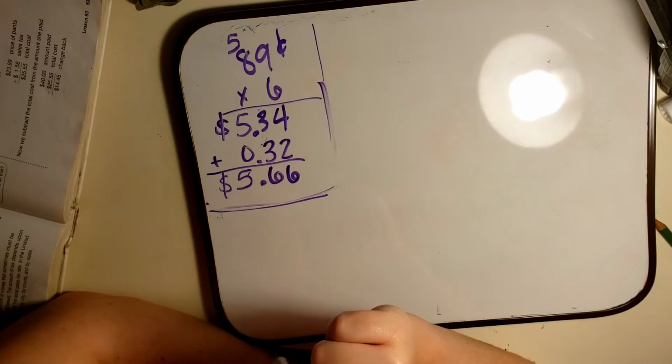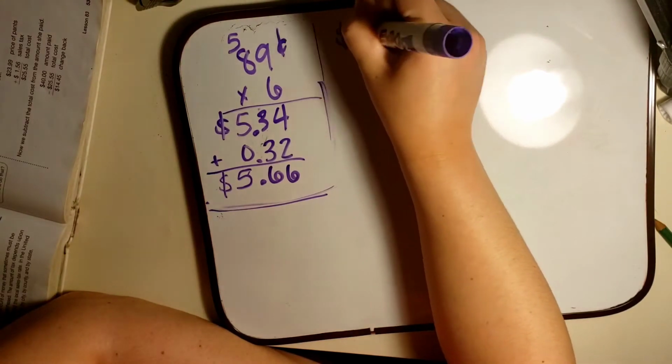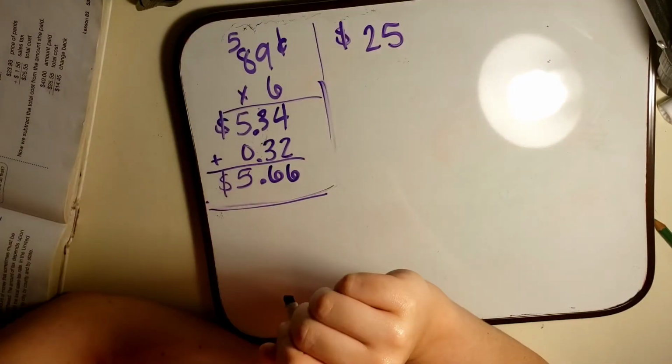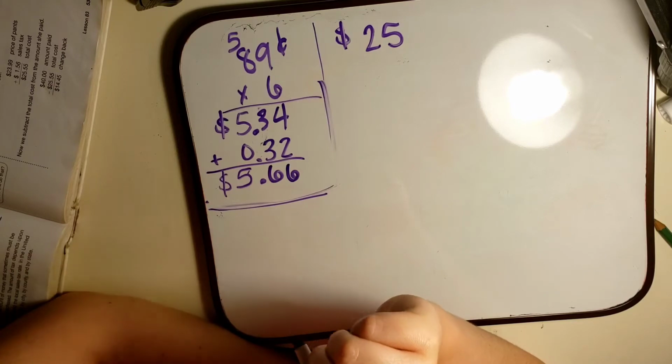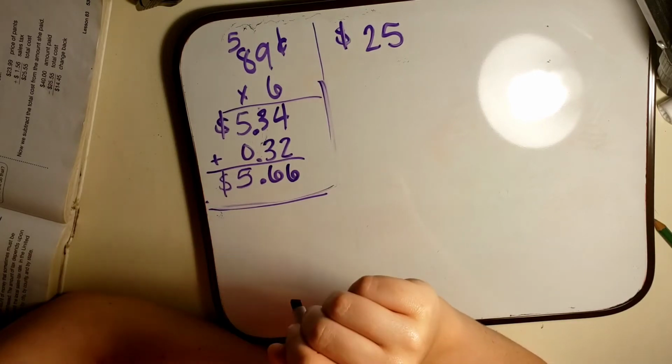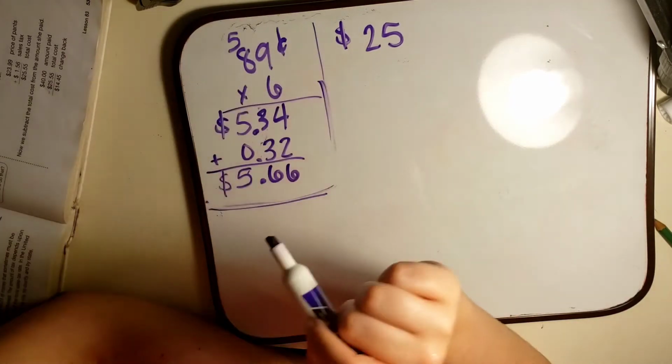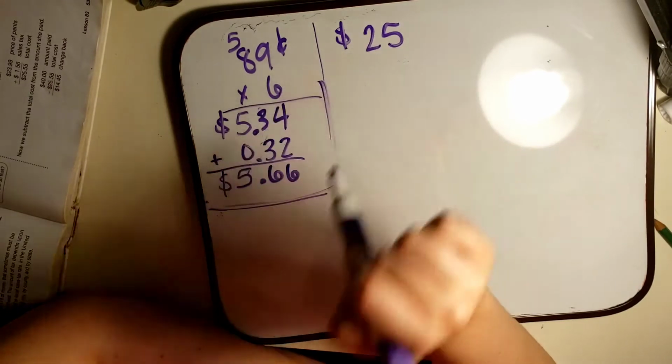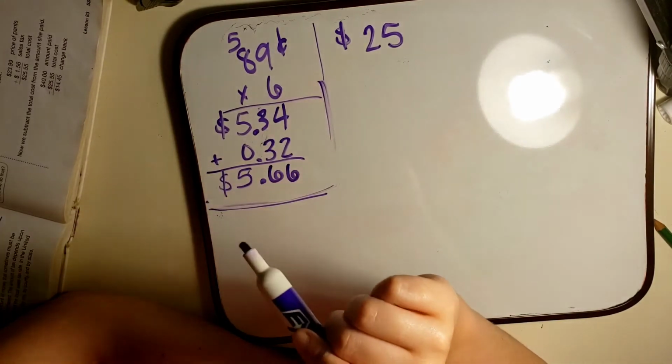Now, example 2 says Tycho bought a black blouse priced at $25. So we got $25. The sales tax rate was 8 cents per dollar. How much tax did Tycho pay? So 8 cents per dollar. So for every dollar of that 25, it was 8 cents.